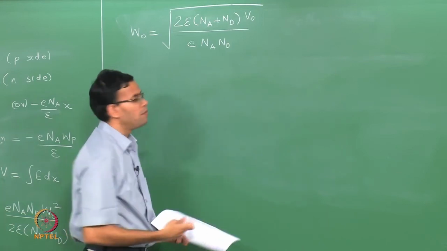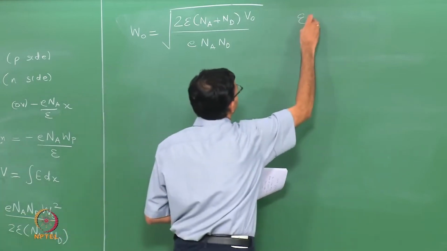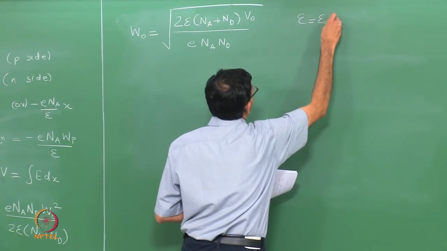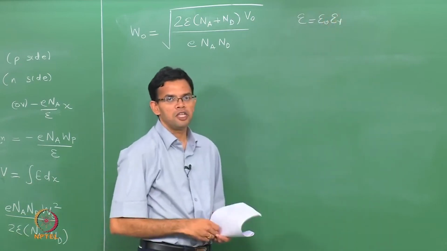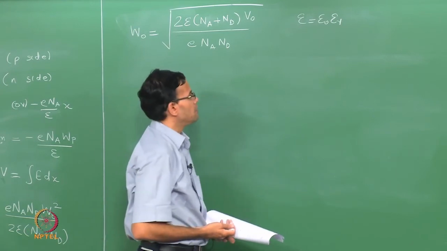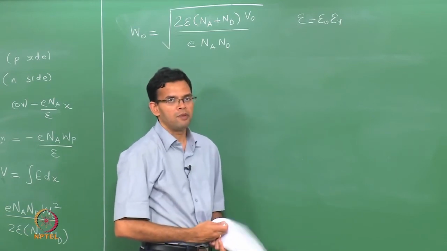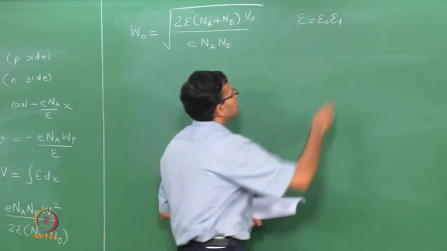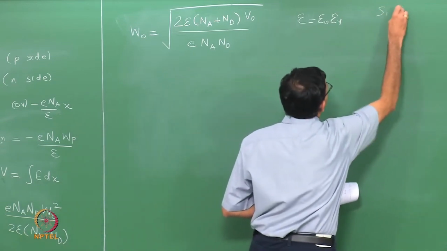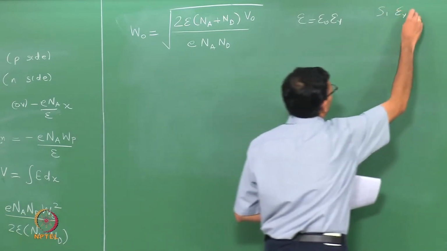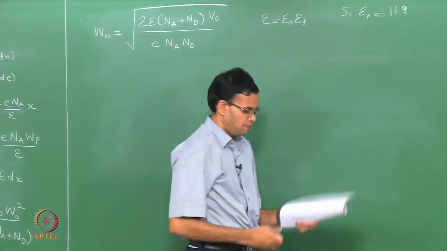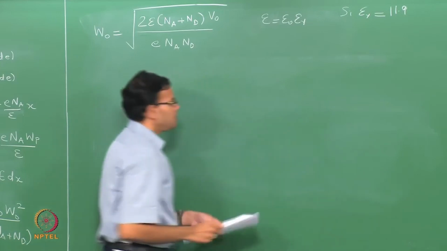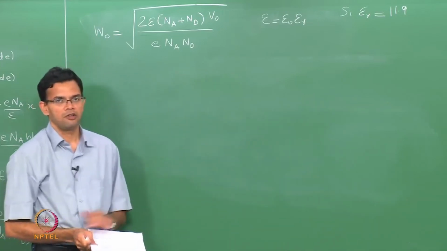Epsilon, which is the permittivity of the material, is epsilon naught epsilon R, where epsilon naught is the permittivity of free space and epsilon R is the relative permittivity of the material. In the case of silicon, epsilon R, we saw this earlier, has a value of 11.9. So, we have an expression for the contact potential.